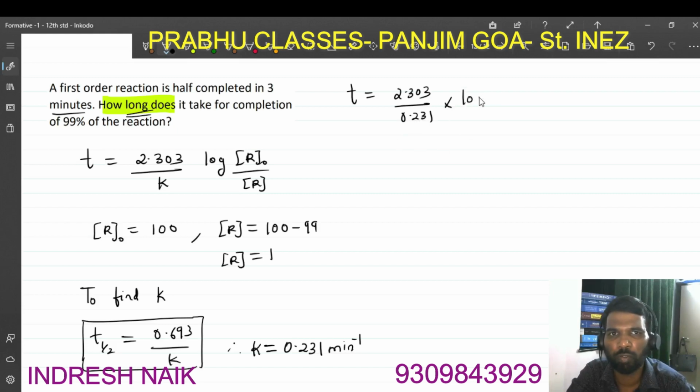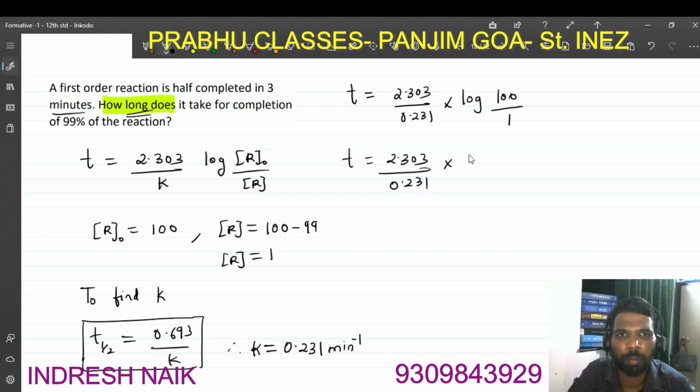So log of what is R0? It is 100 divided by the concentration left, 1, no? So this is 2.303 over 0.231, multiplied by log of 100. Log of 100 is 2. The characteristic is 2, and 10 to the 0 is 0.